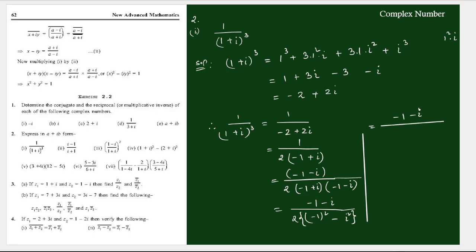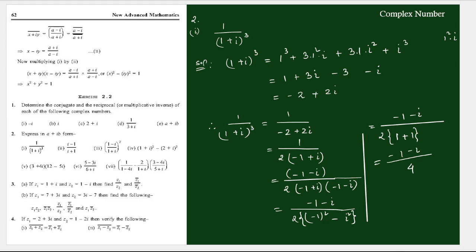Minus 1 minus i, 2 is there. So minus 1 square is 1, right? Then minus i square is minus 1, minus minus becomes plus. So 1 plus 1 is how much? 2. 2 into 2 is 4.